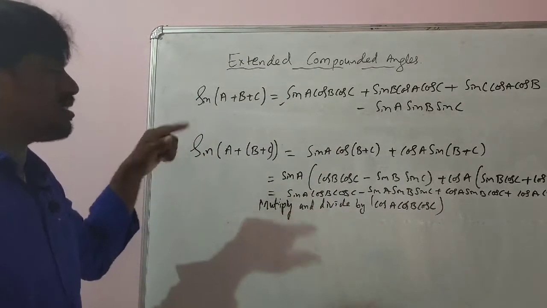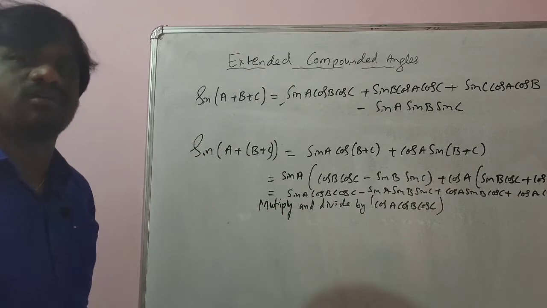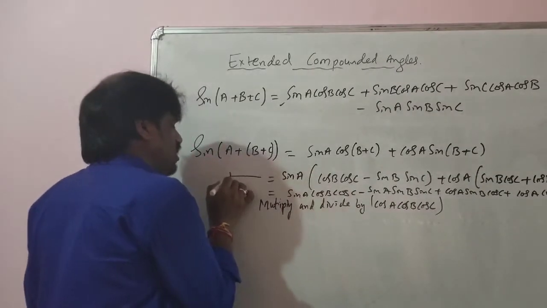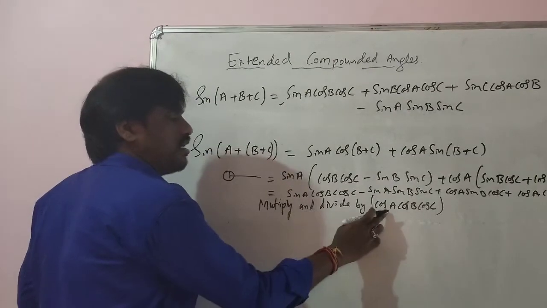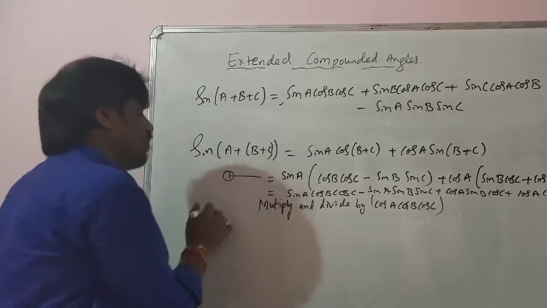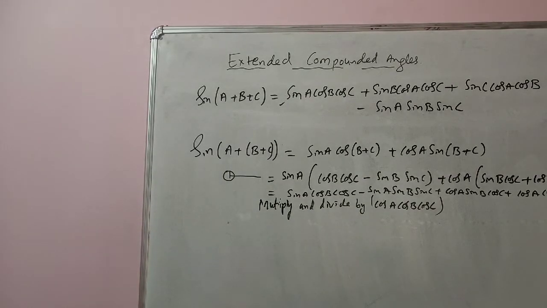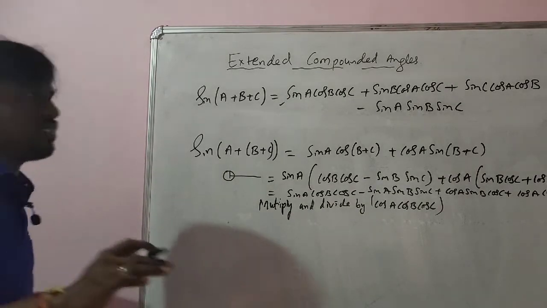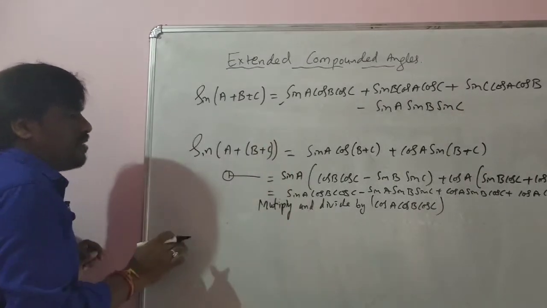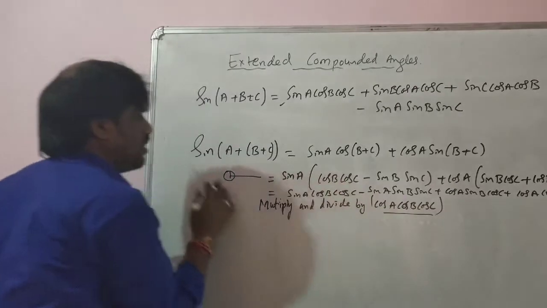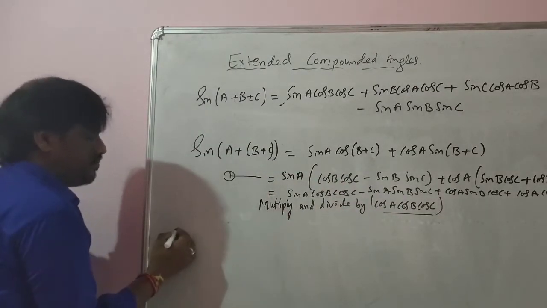But sin of a plus b plus c can also be written in terms of tan. How? We will divide this equation by cos a cos b cos c. I will explain what we get.